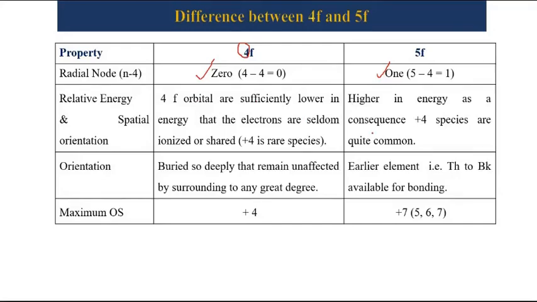Now the orientation: always remember the 4f orbitals are deeply buried. That's why they remain unaffected by the surroundings. However, in the case of the earlier elements from thorium to berkelium, these f orbitals are quite exposed towards the surroundings and are available for bonding.